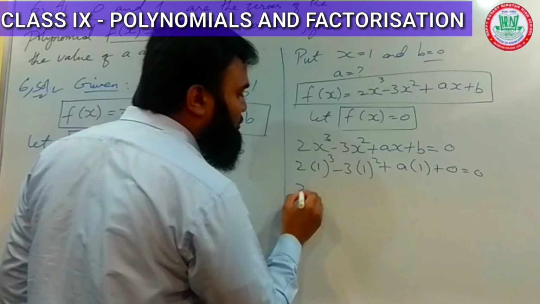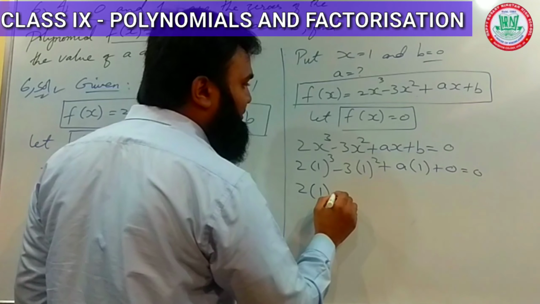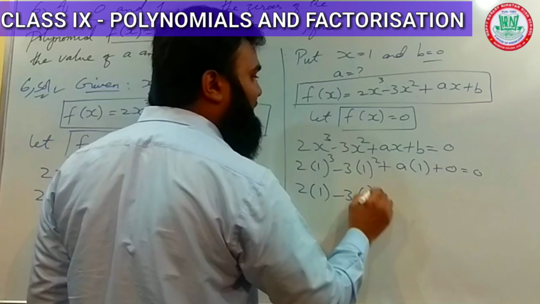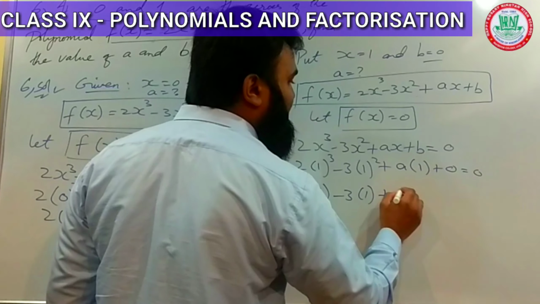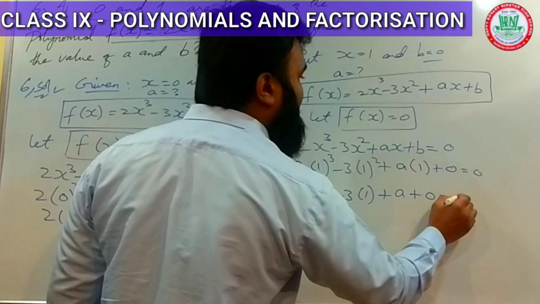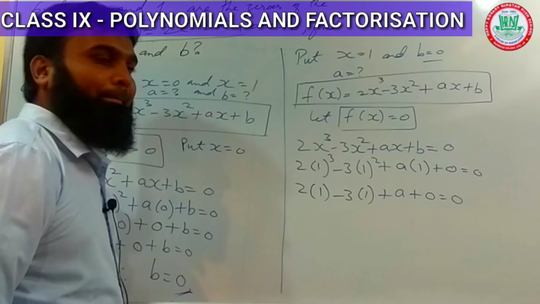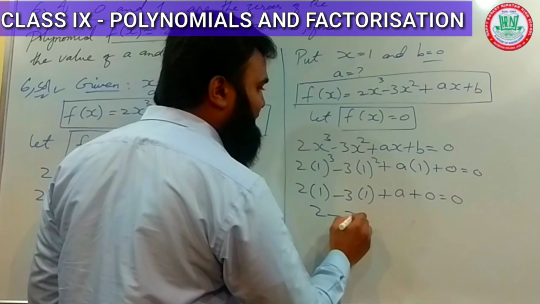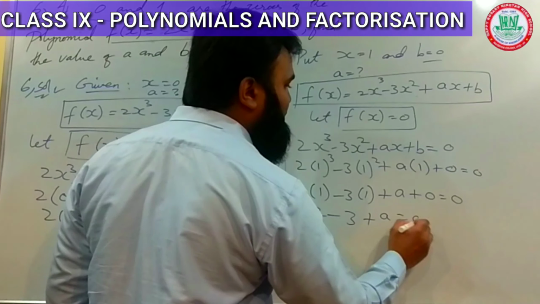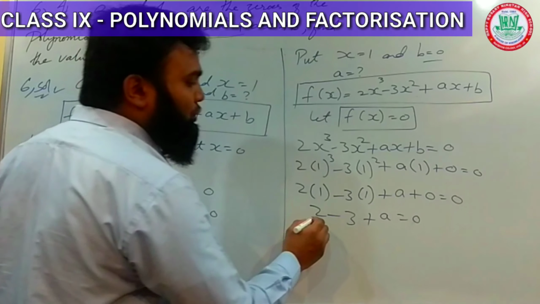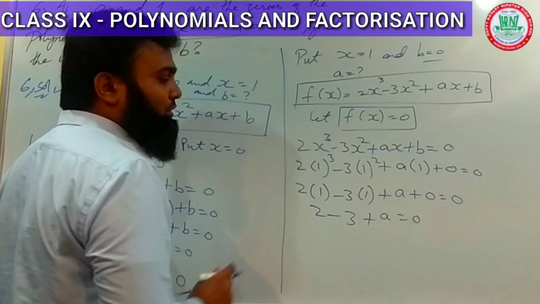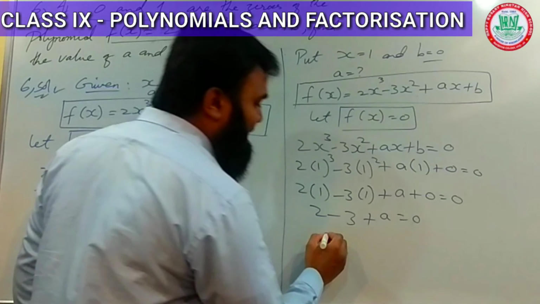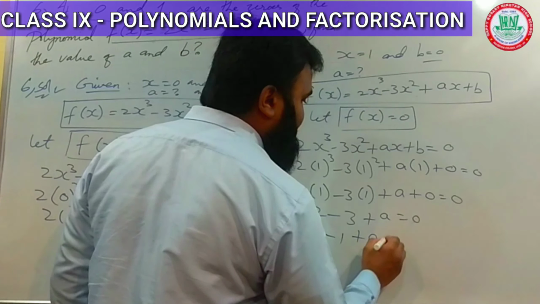Now 2 into 1 cube is 2, minus 3 into 1 square is 3, plus a into 1 is a, plus 0 is equal to 0. Now 2 minus 3 plus a is equal to 0. Now 2 minus 3 is minus 1, plus a is equal to 0.